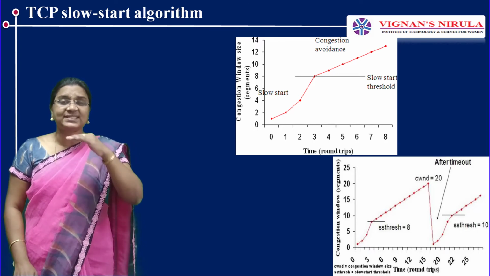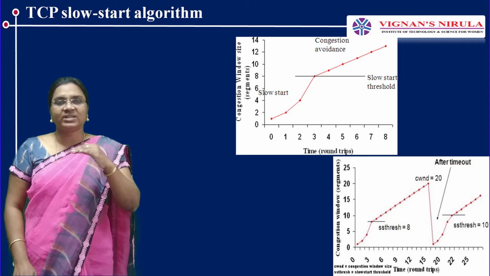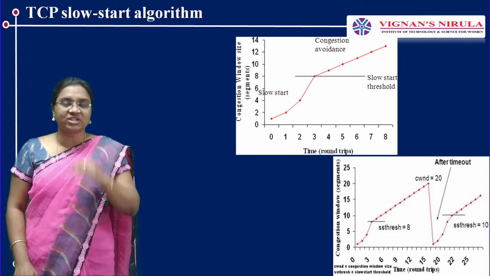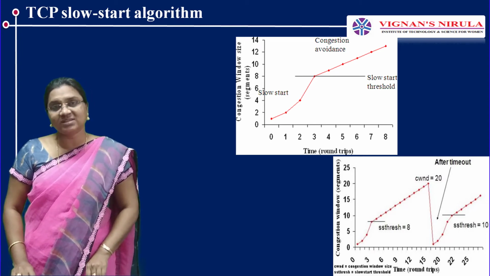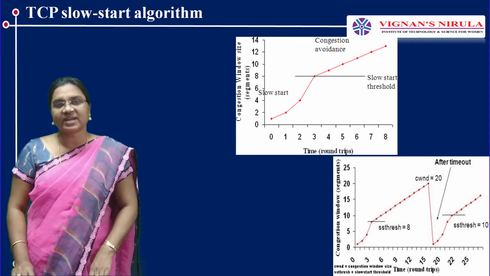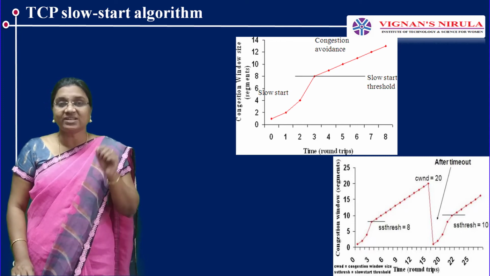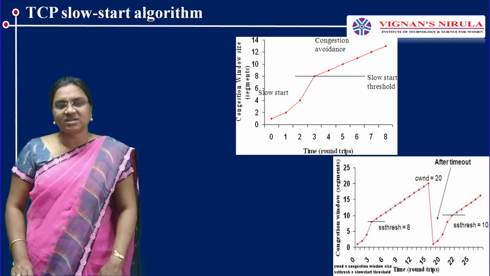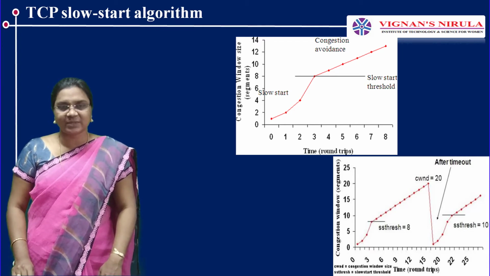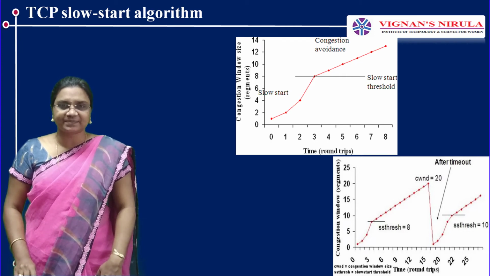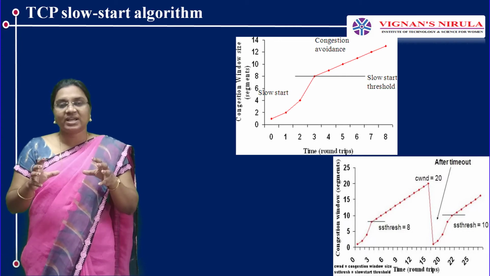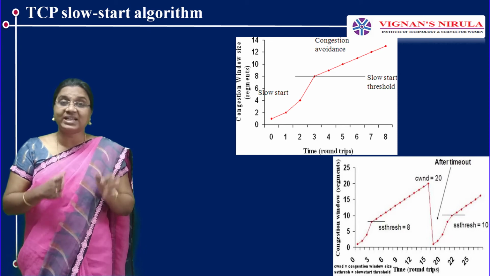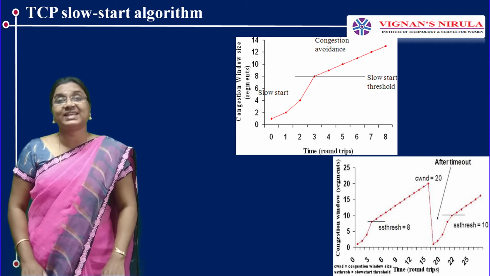Once the maximum threshold is met, we are not increasing the congestion window exponentially, but linearly, right? So there is a linear increase, and it continues until a timeout at the sender occurs due to a missing acknowledgement, or until the sender detects a gap in transmitted data because of continuous acknowledgements for the same packet.